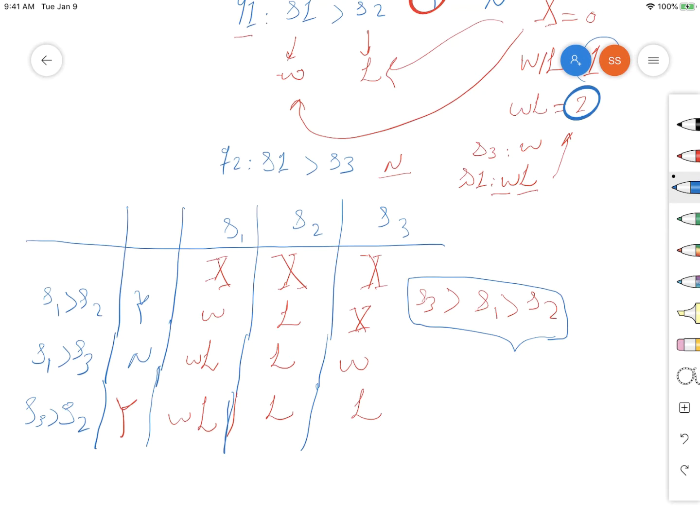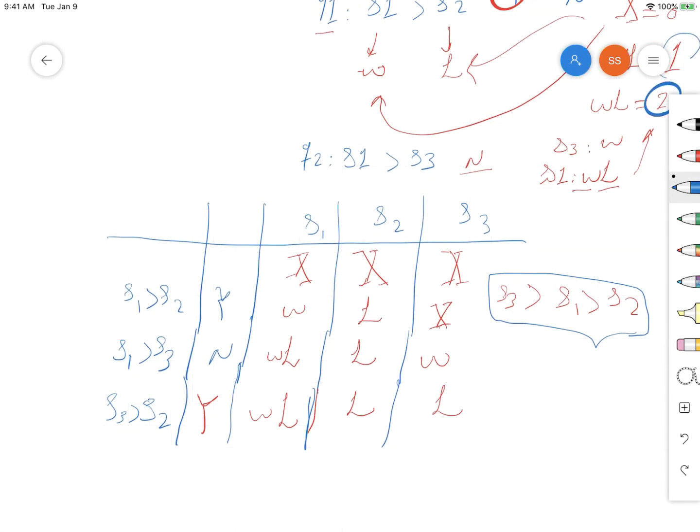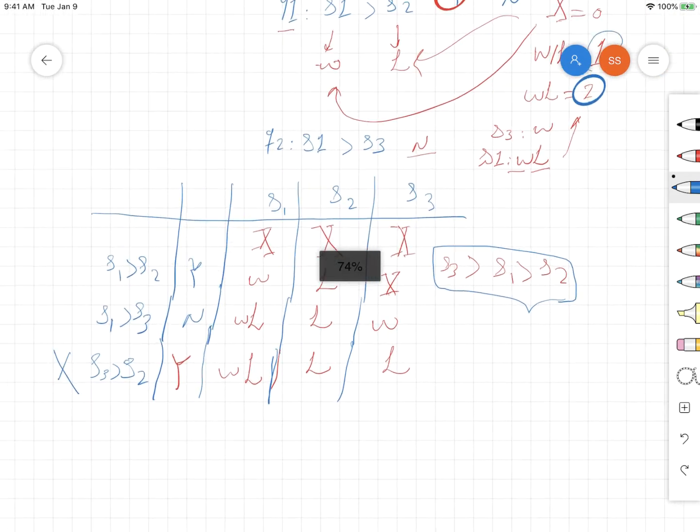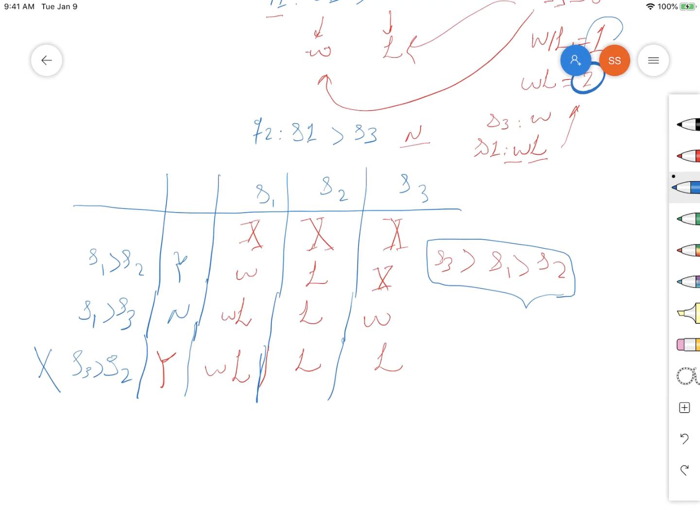So this question is actually a useless question, because we were already able to convey this information based on the previous two comparisons. So we are going to avoid this question, and always ask questions that give us at least one piece of information, or involve items that haven't been compared yet.